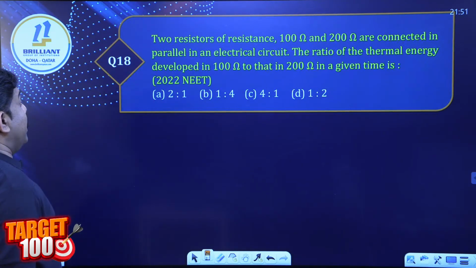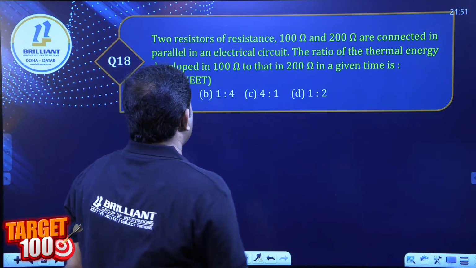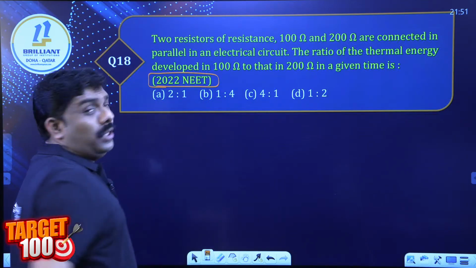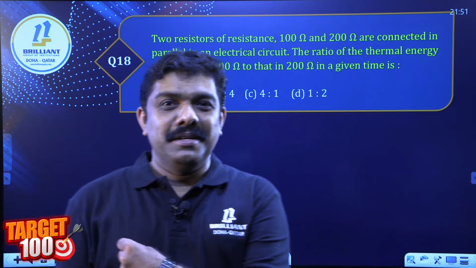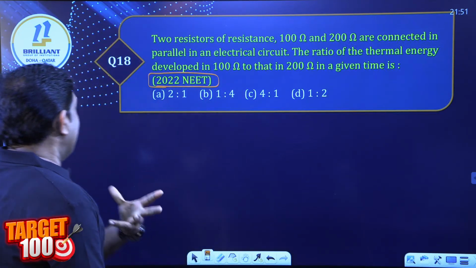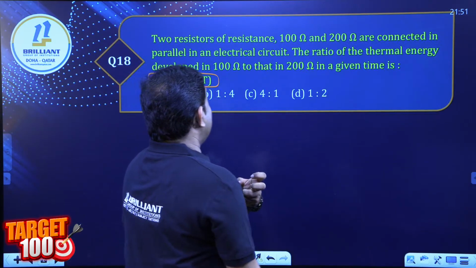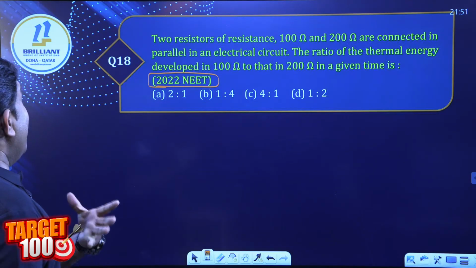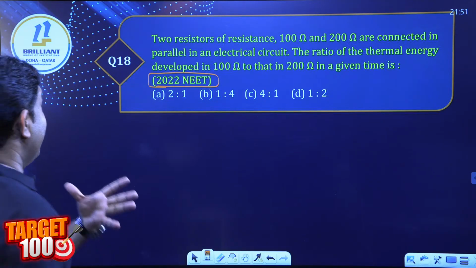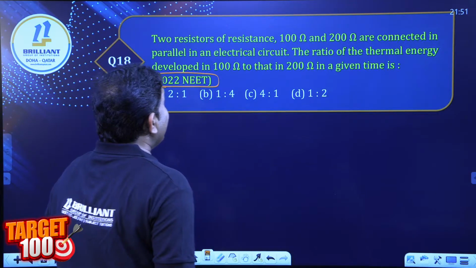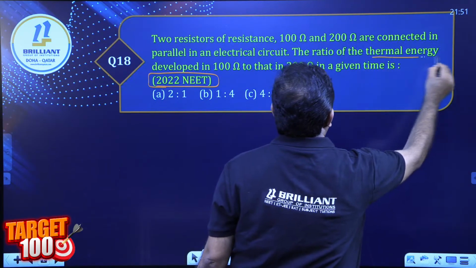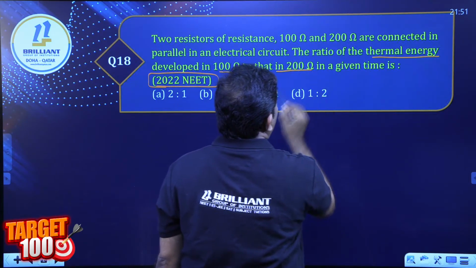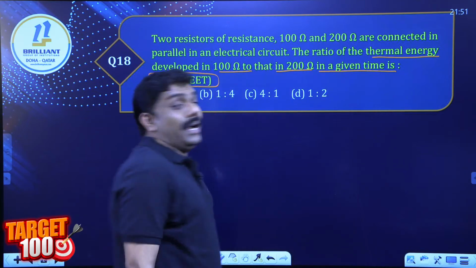Now we are trying question 18. The question is a 2022 NEET question. Please see, 2022 NEET question, very hot question. When I am touching that question, I feel the heat. Two resistors of resistance 100 and 200 ohm are connected in parallel in an electrical circuit. The ratio of thermal energy developed in 100 ohm to that in 200 ohm in a given time.